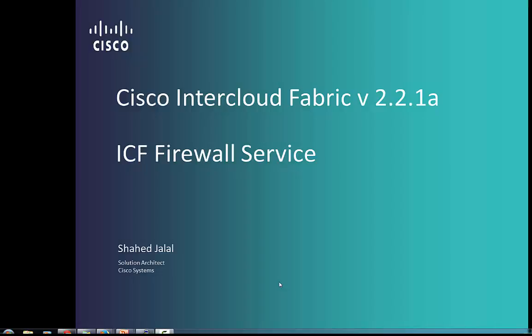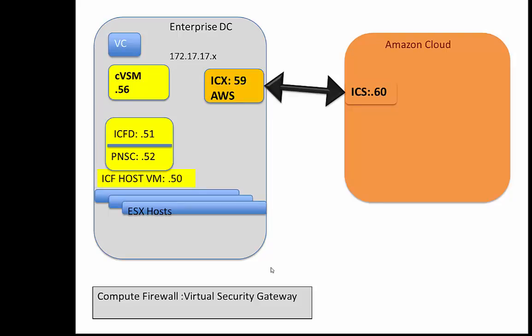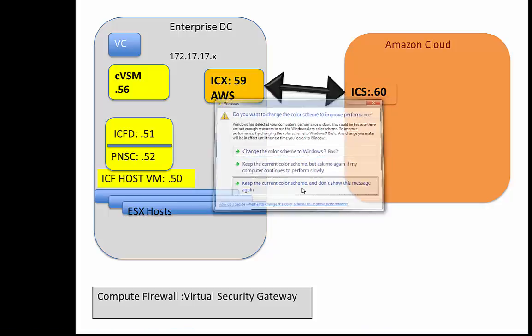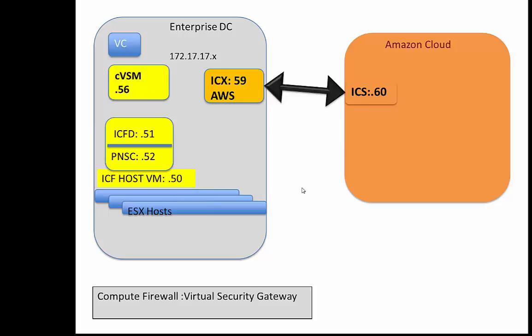Now, as we have done a lot of things in previous sessions, let's catch up on where we are. This is the setup in my lab. On the left side is the Enterprise Data Center. We have an ESX host. As a matter of fact, there's only one host. Then we deployed the ICF host VM, which is 172.17.17.50.